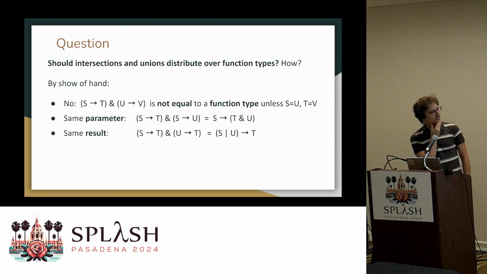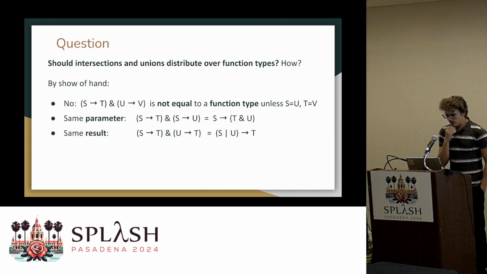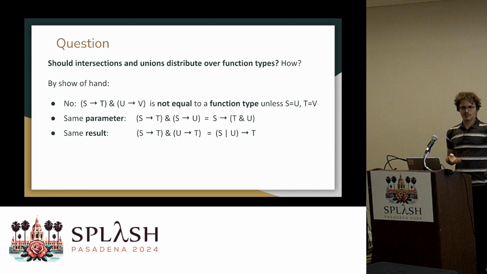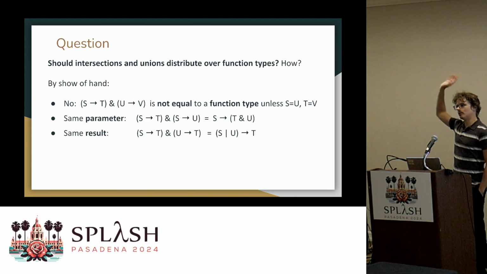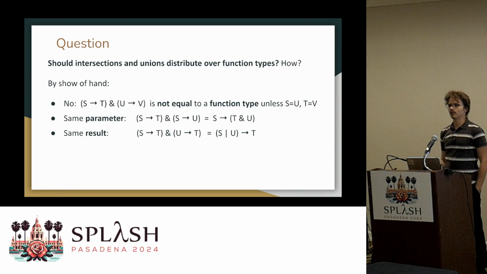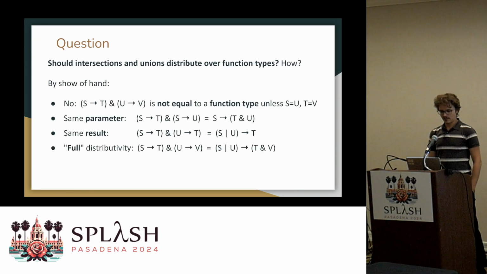How about same results? If you have this intersection, you can say that in practice it means the function can be given either an S or a U. It doesn't matter, and it will always return a T. Raise your hand if you think this should be done. Sure, it makes sense. This one does make more sense. How about full distributivity?